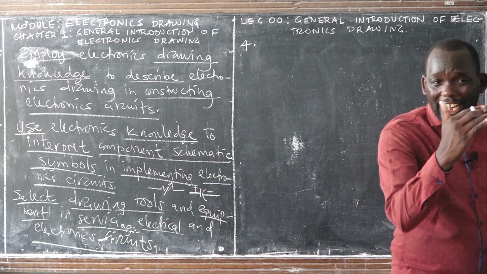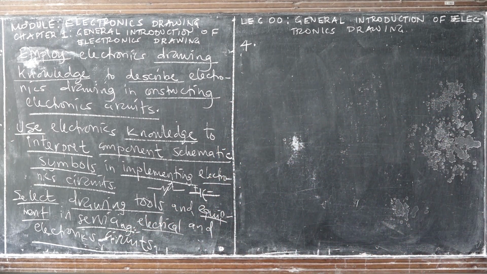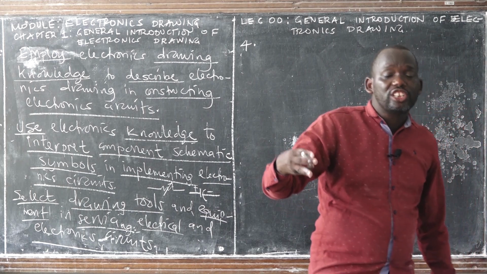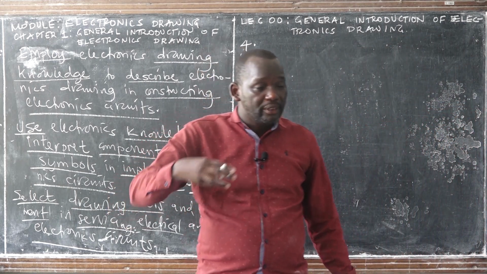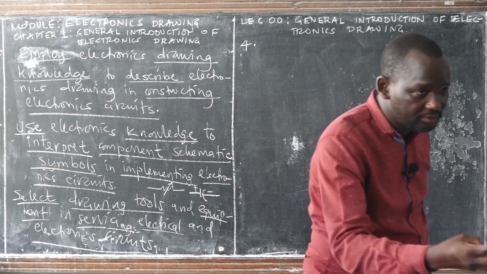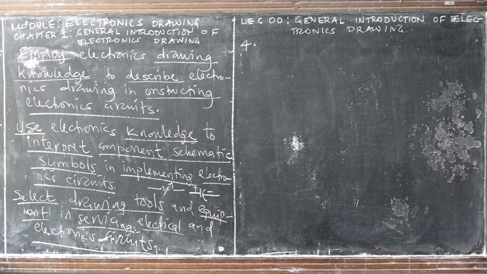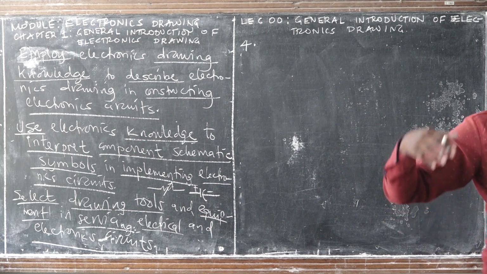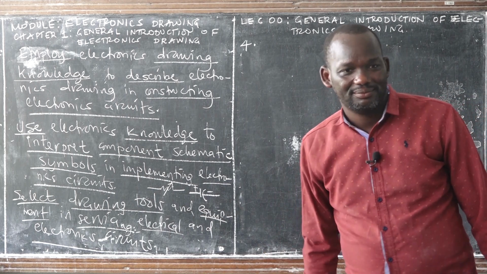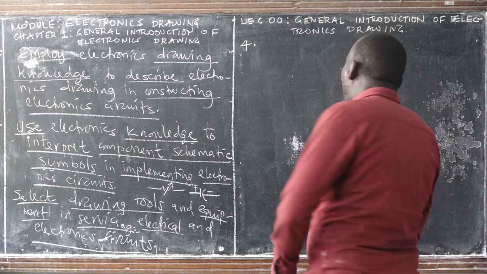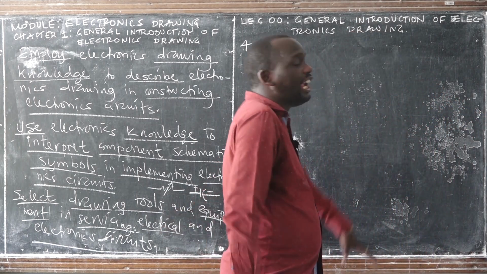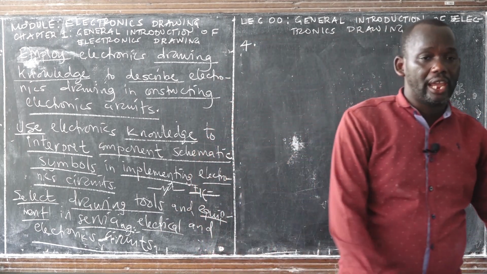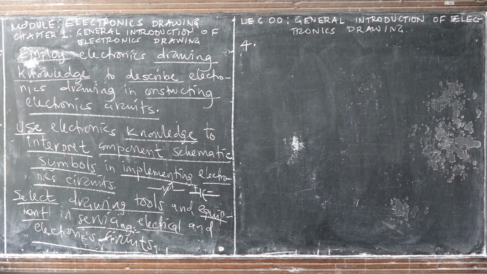So your primary responsibility, now in NTA level 4 and level 5, once you finish NTA level 5 successfully, you become a basic technician. Once you complete NTA level 6, that's the third year, you become a full technician. So your primary function is to implement, maintain and repair. That's the primary function of the technician.